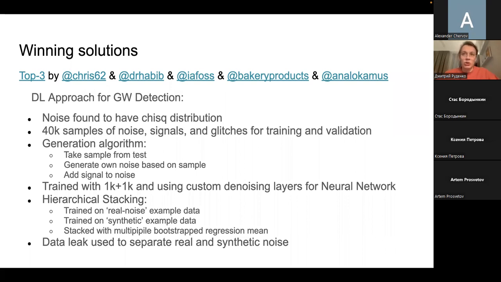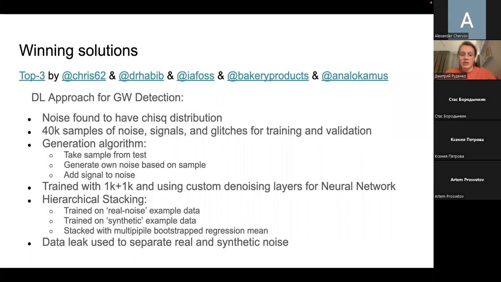They also improved their neural networks with denoising layers. And they used hierarchical stacking, which had such an architecture. They trained some models only on the real noise data, which they defined by glitches and like chi-square distribution.